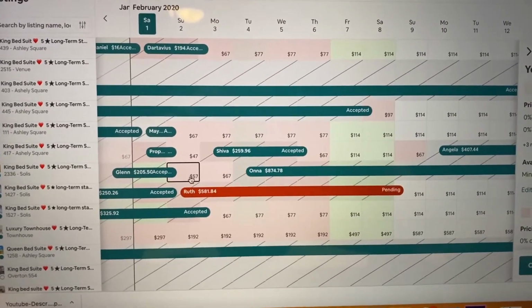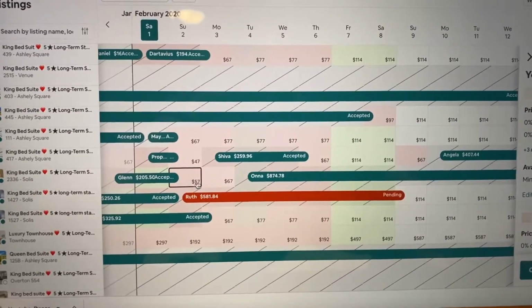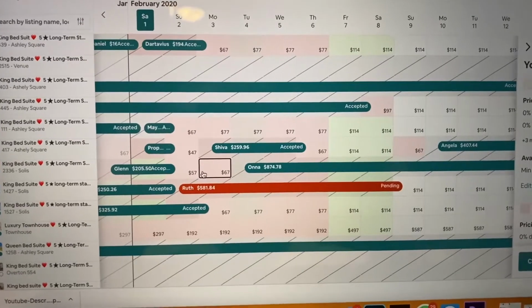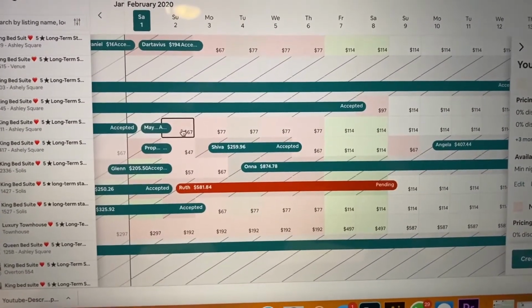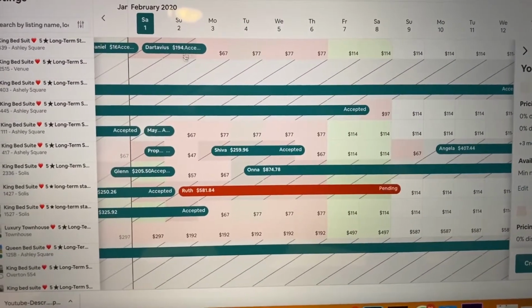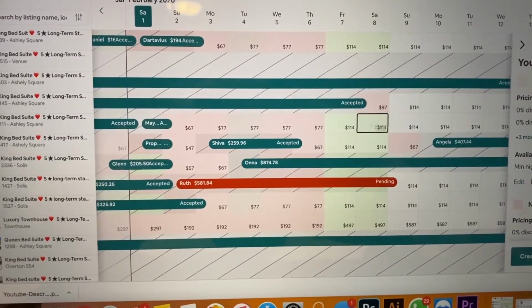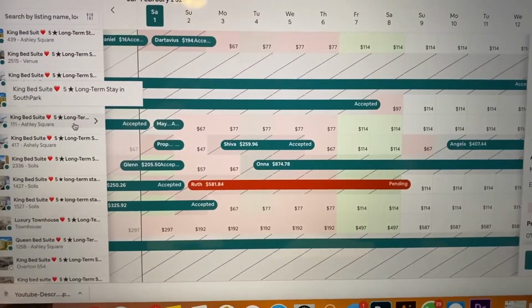In order for someone to book one of these nights, they have to specifically look for one or both of these nights. Then if you go up here, you'll see that it's the same night, Sunday the 2nd, but it's open all the way. So someone can book, and this calendar is open for this one listing over here.